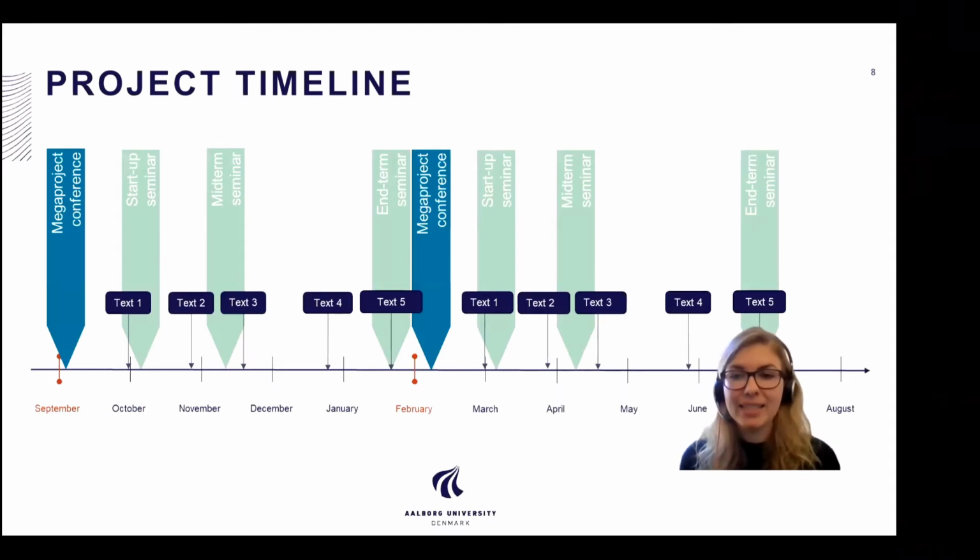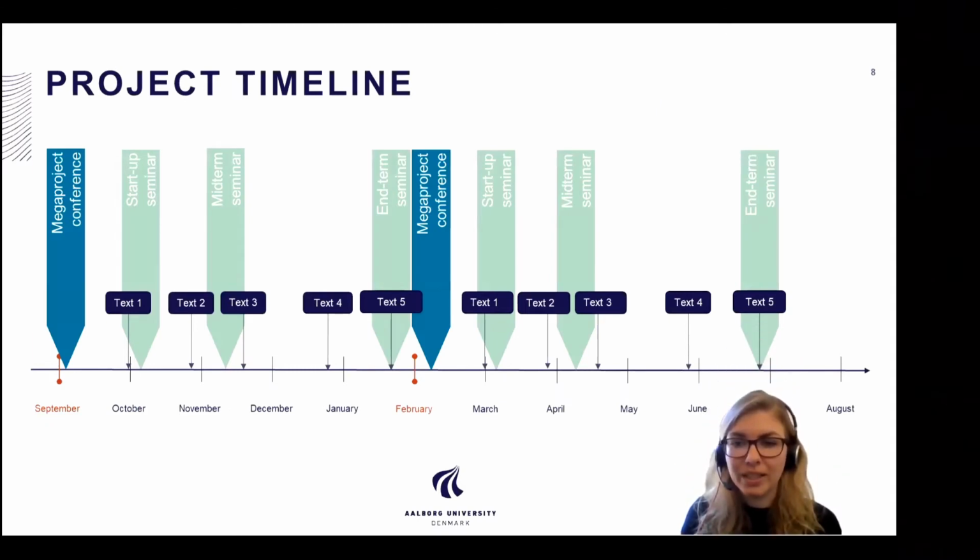Yeah, and this is the timeline for the mega projects. I'll just move myself a bit down again. And as you can see, we start here in February, and we have the conference today, and then the deadline for submitting your project description is the 1st of March. And on the basis of that, you will be put into clusters and have your first startup seminar.